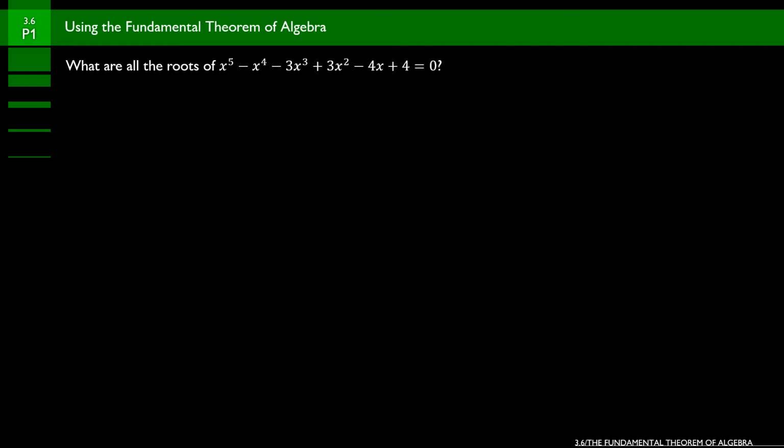Now we're going to put this into synthetic division. I'm going to set it up with my half box as 1, and then 1, negative 1, negative 3, 3, negative 4, and 4, all of the coefficients of the original equation.